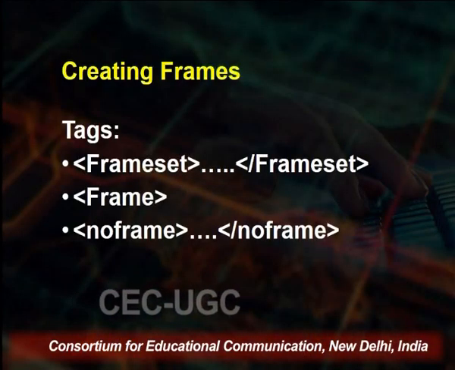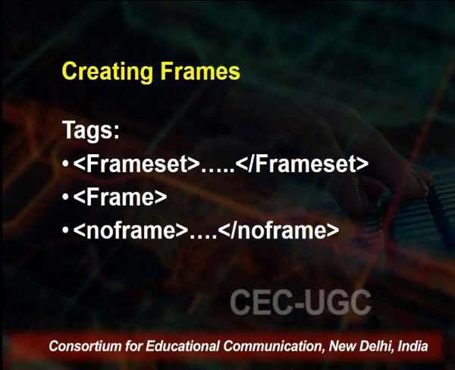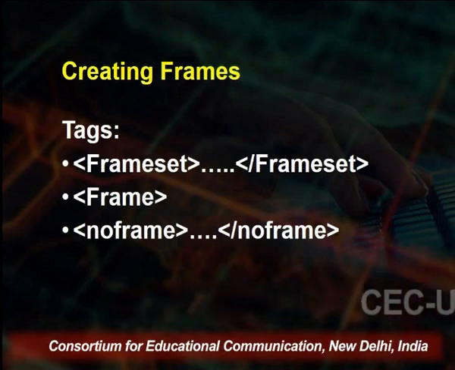So, we have to choose the layout, and then using the frame set tag we can also specify the size of each frame that we are going to create. If you are defining frame set row wise, then you will write the number of rows. If you are defining column wise, then you will create the columns.